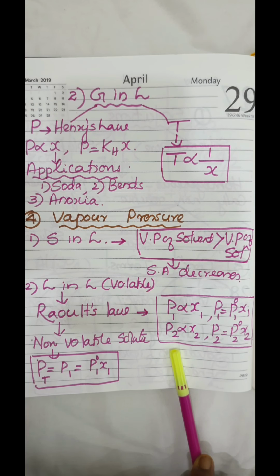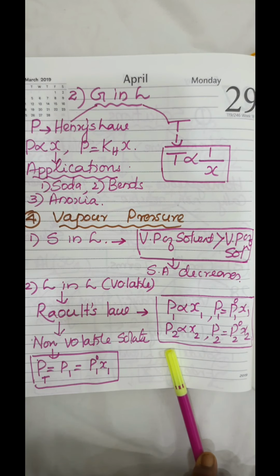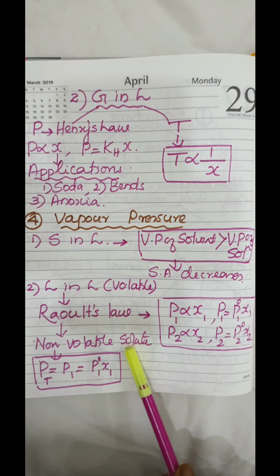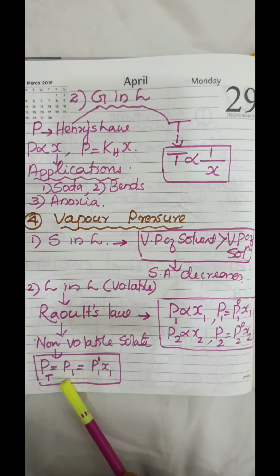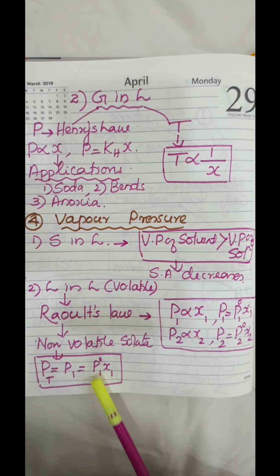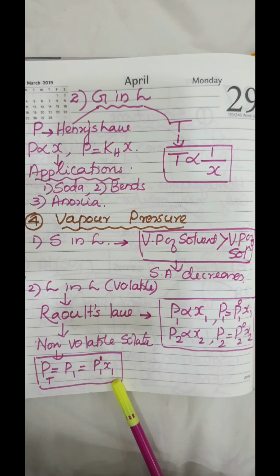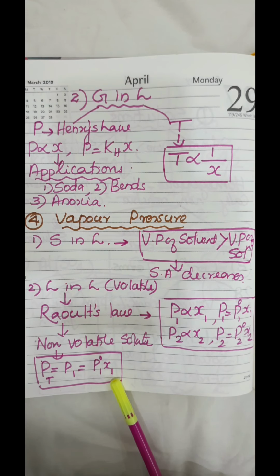Chi1 and chi2 are the mole fractions of the first and second component. P1° and P2° are constants, the vapor pressures of pure components 1 and 2. In the case of a non-volatile solute, Raoult's law gives total pressure equal to P1 only, which is equal to P1° chi1. There is no P2 or chi2.